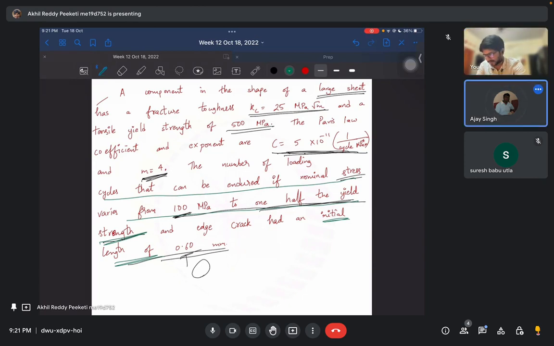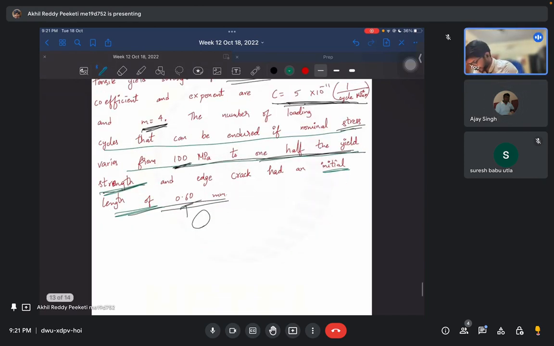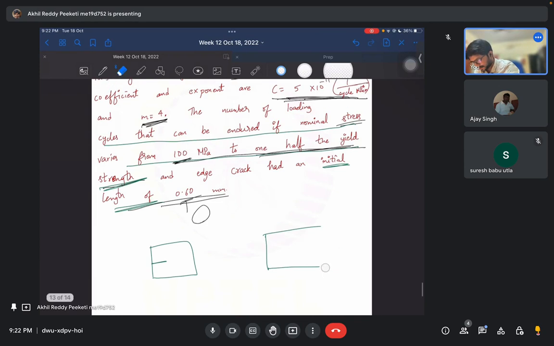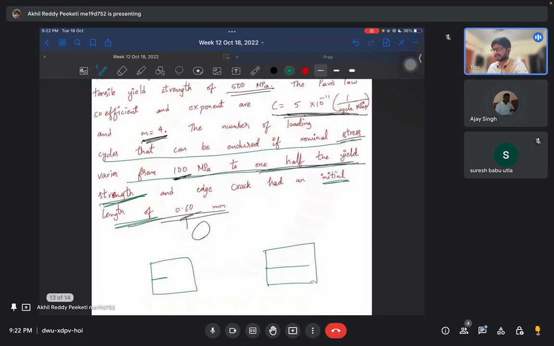What is happening is you have a large sheet with an initial crack, and with time, because of the fatigue loading, that crack length is increasing. When that crack length reaches a critical level, it fails. This Paris law relates the rate of change of the crack length with the number of cycles, with delta sigma or delta K.